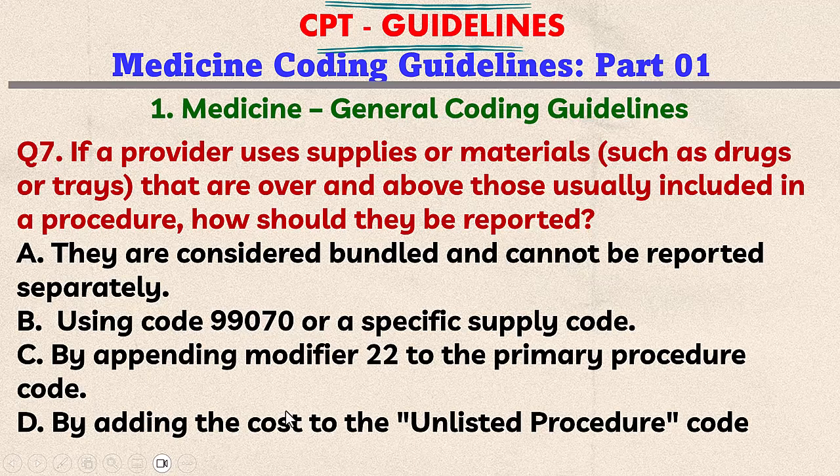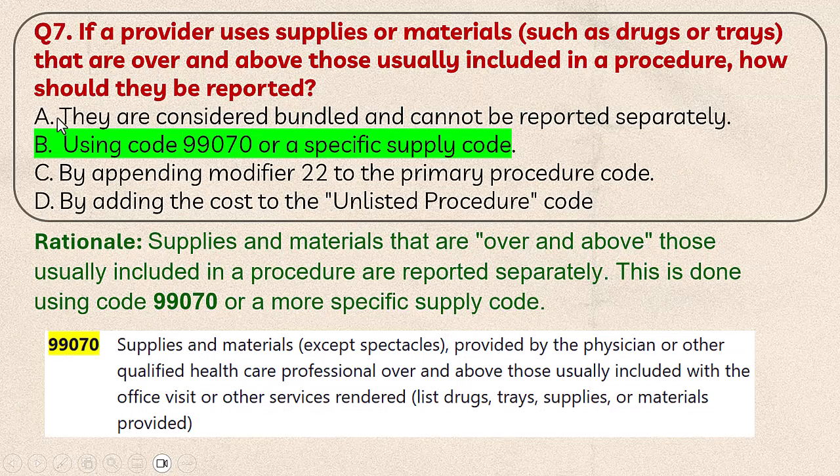D. By adding the cost to the unlisted procedure code. Think the answer. The correct answer is B. Using code 99070 or a specific supply code. So the rationale: supplies and materials that are over and above those usually included in a procedure are reported separately. This is done using the code 99070 or a more specific supply code. You can see the supply code details here.